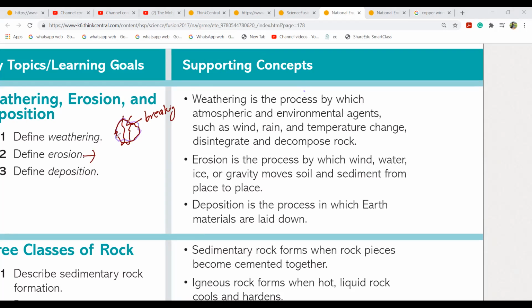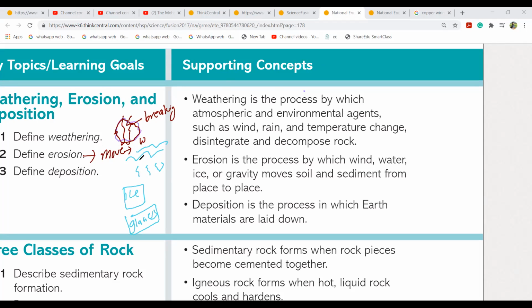And what is erosion? After breaking, will it stay in its place? It will move. How? By wind and water, by ice, by glaciers. So all of this is known as erosion.